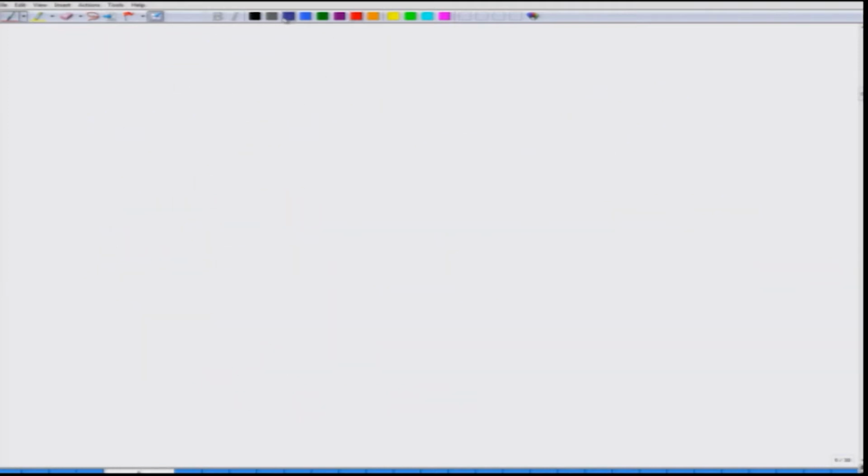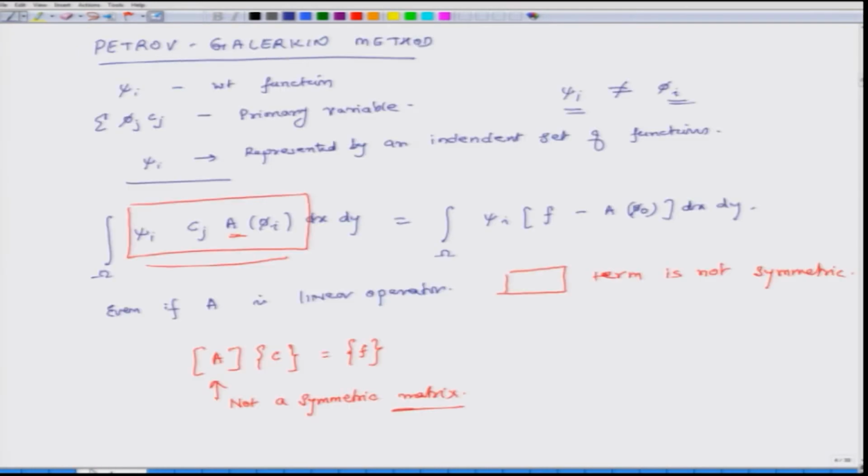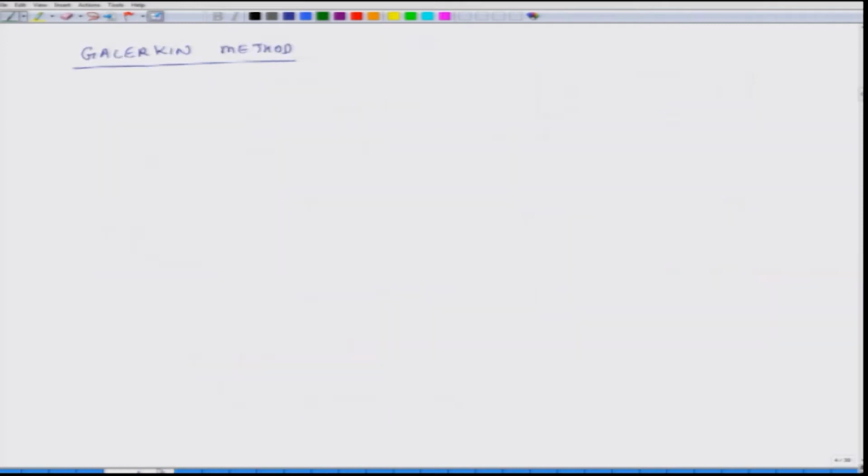The next method is the Galerkin method. In the Petrov-Galerkin method, we had the restriction that the weight function psi I should not be equal to the approximation for the primary variable.